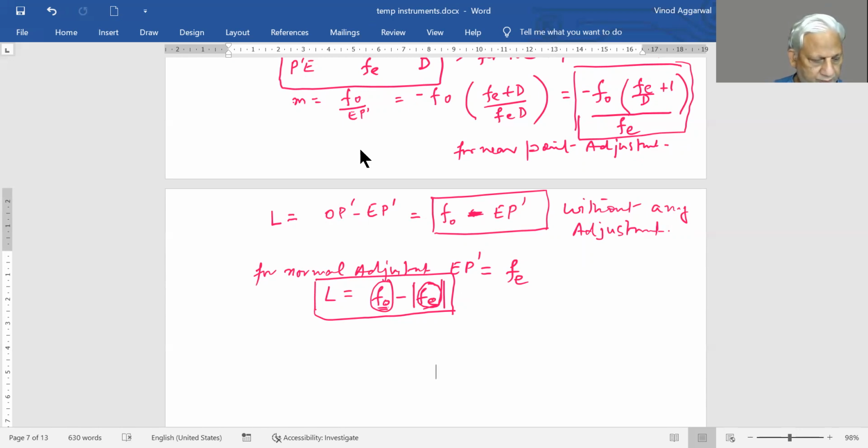Now, similarly for near point, we can define our L as, we take it into absolute value because FE is actually negative.